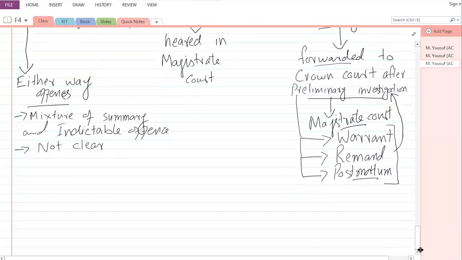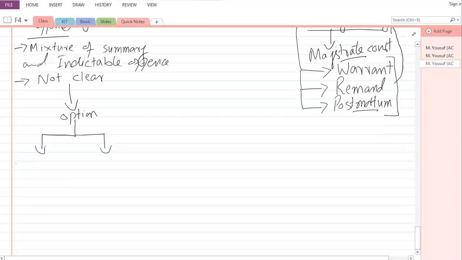So what judges do here, they have an option about either way offences.